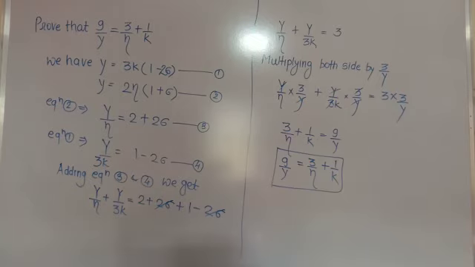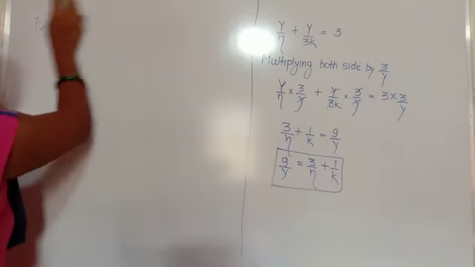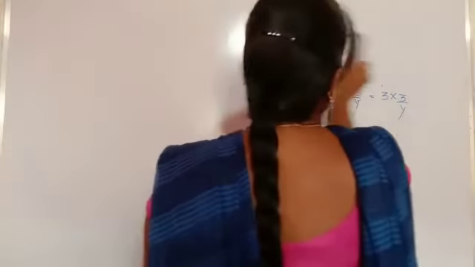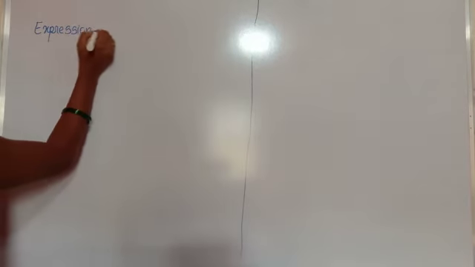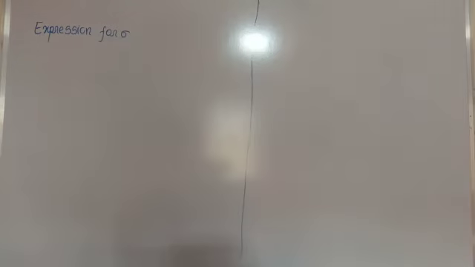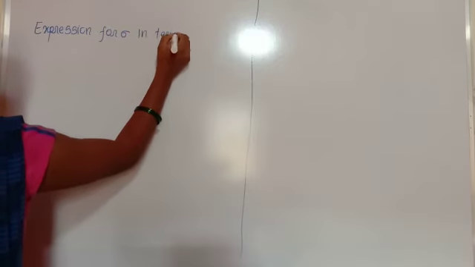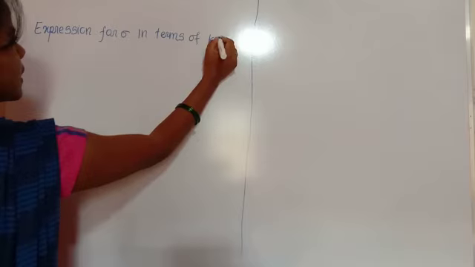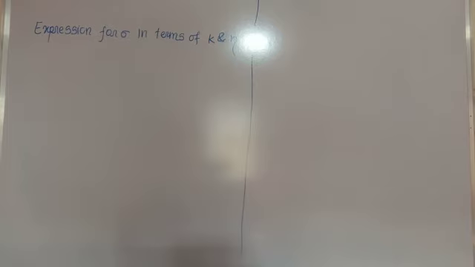The next one is the last equation: the expression for sigma in terms of K and eta, that is, the relation between sigma, K and eta.